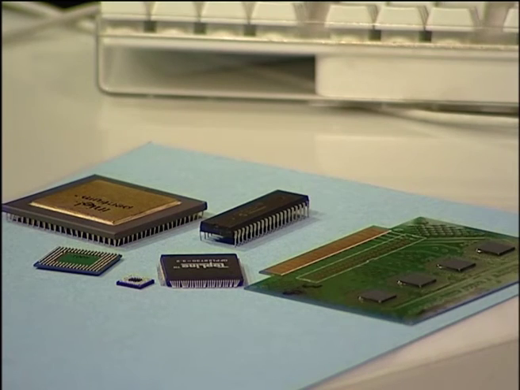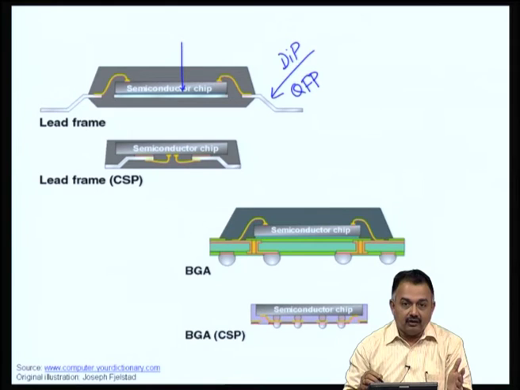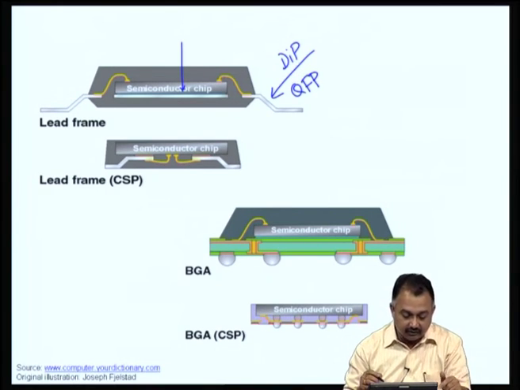Okay. So, this gives a very good cross section image of such packages. If you rip open a DIP package, you will see this kind of a configuration.